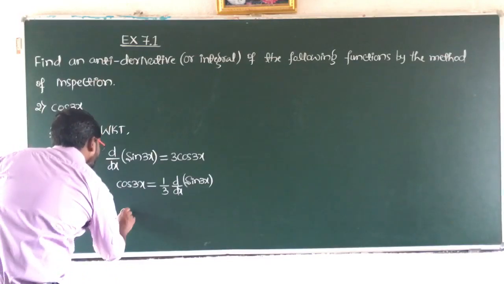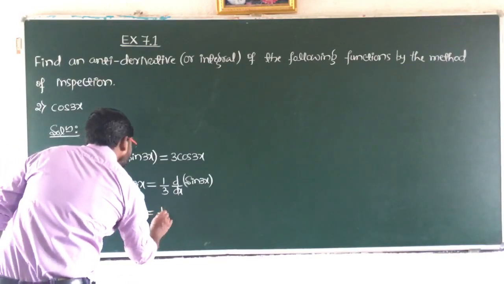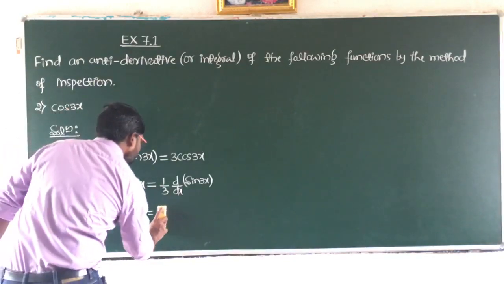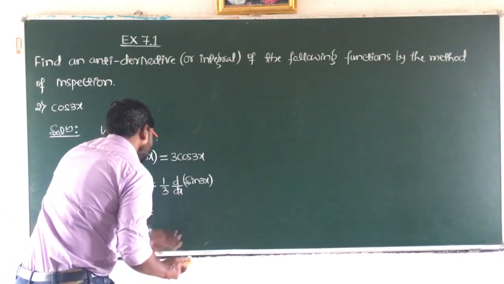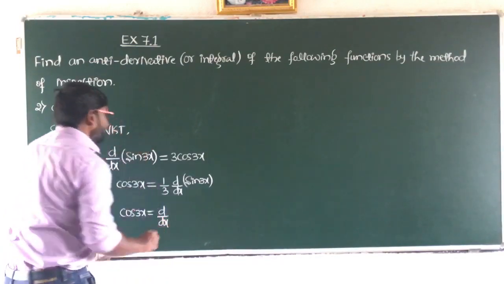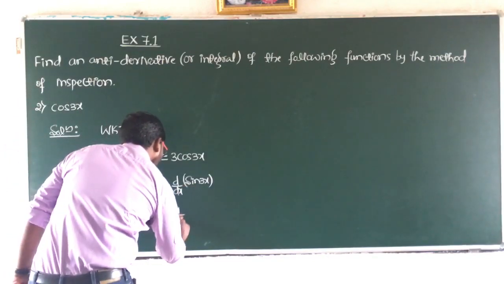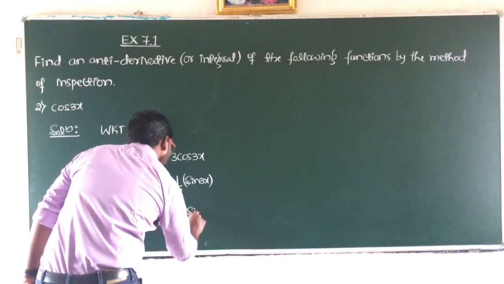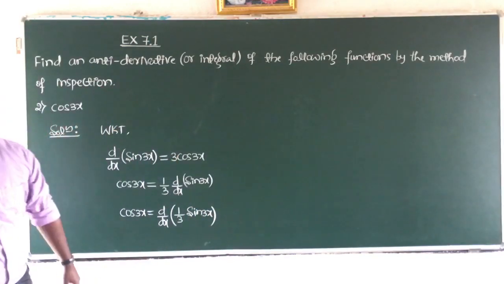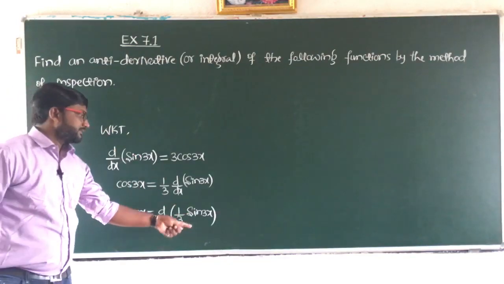Next, cos 3x is equal to d by dx of, and I can write this 1 by 3 inside the bracket, we get 1 by 3 sin 3x. Therefore the antiderivative of cos 3x is 1 by 3 sin 3x.